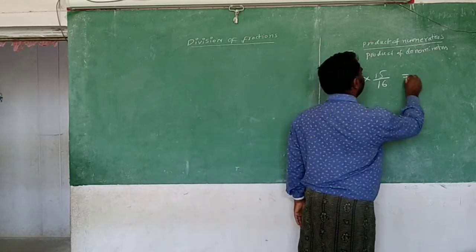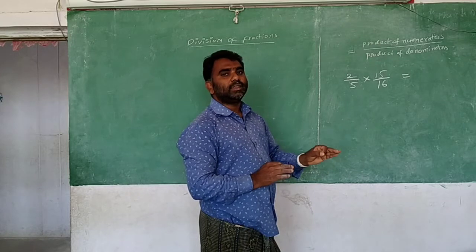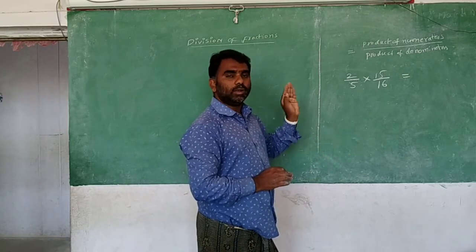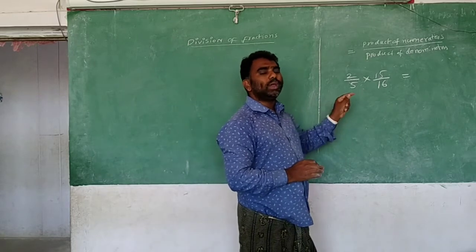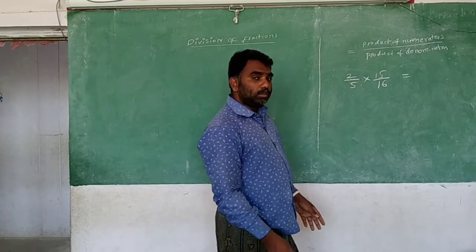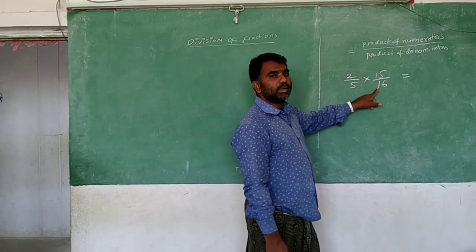But I said to you, before doing that, check whether the numerator and denominator come in the same table. If so, you do the cancellation. If two numbers come in the same table, check it here: 2 and 16 come in the same table.